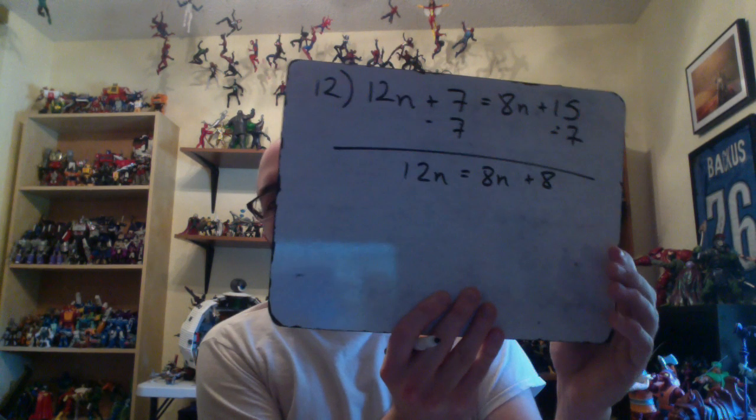Okay. Next, we need to move that n over to the other n. So we need to do minus 8n from each side. That leaves us with 4n equals 8. Okay. Then we're going to get rid of that times 4 by doing divided by 4. That gives us n equals 2.